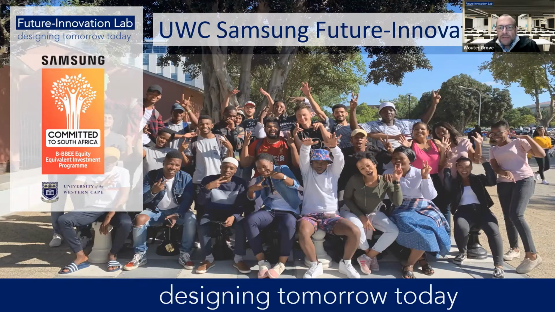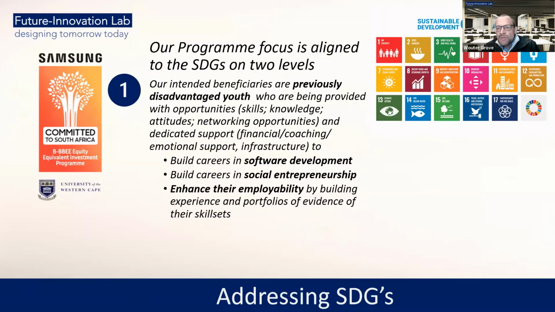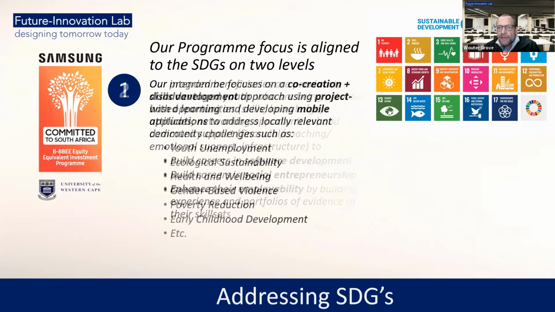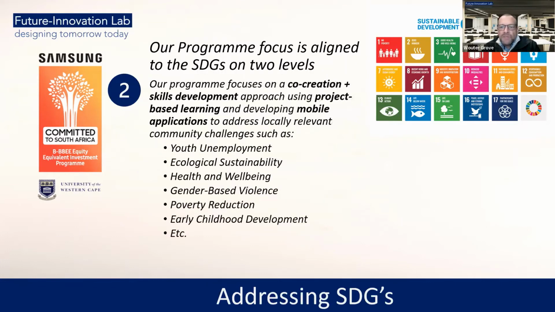Just for time constraints, I'm not going to spend a lot of time now on dealing with the alignment with the SDG goals. I think this is something that's almost self-evident, that we are aligning these initiatives with our national government strategy, but also with the Sustainable Development Goals, specifically addressing aspects like unemployment, skills development.